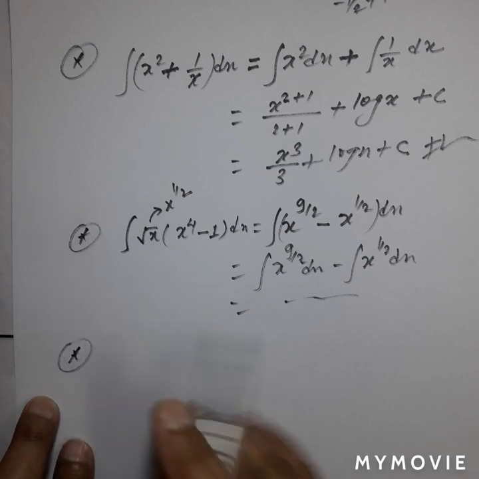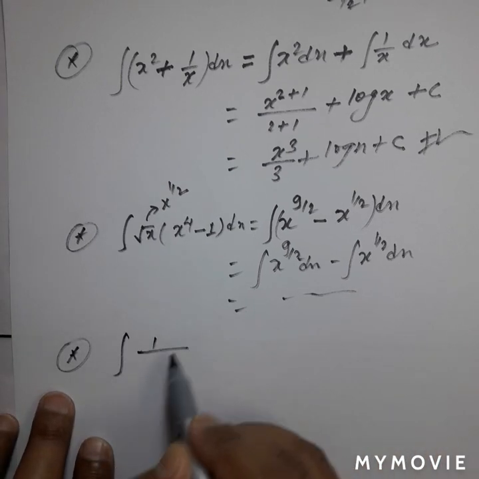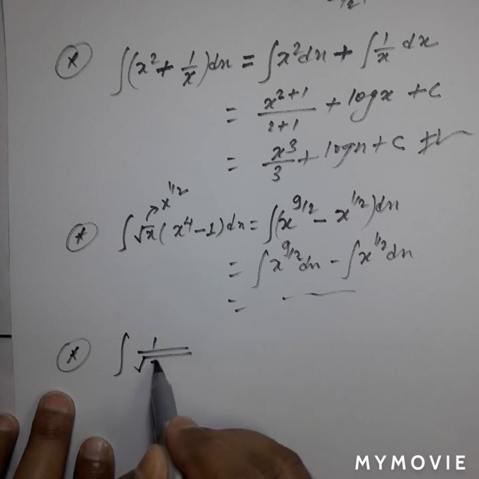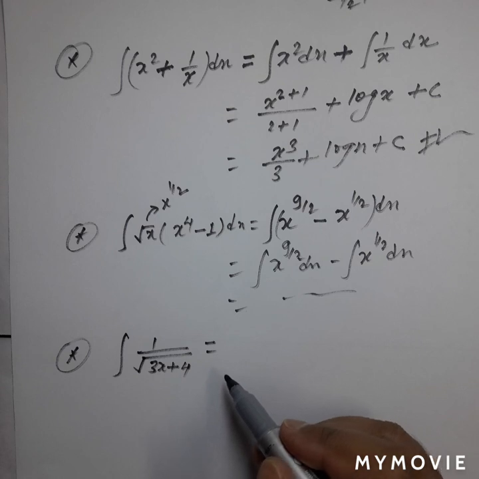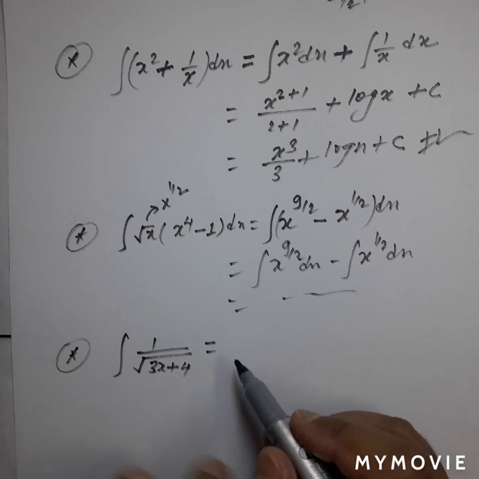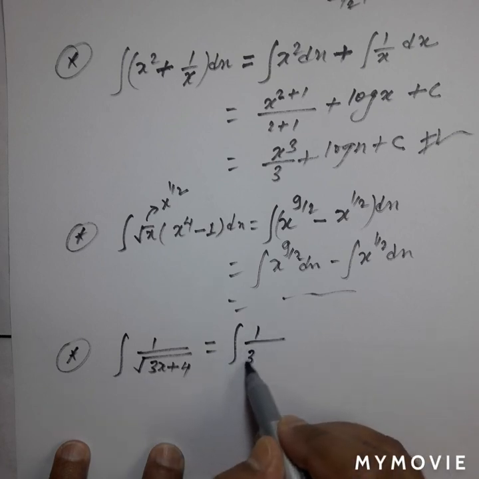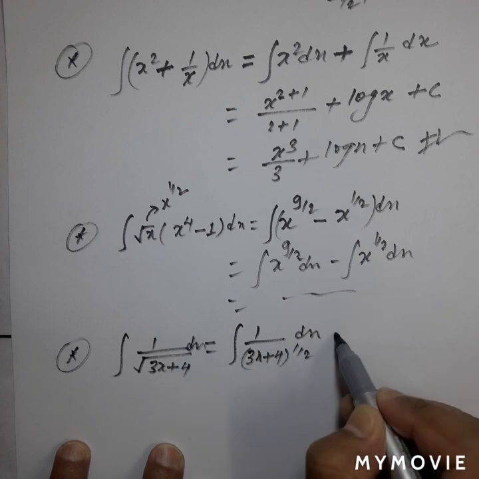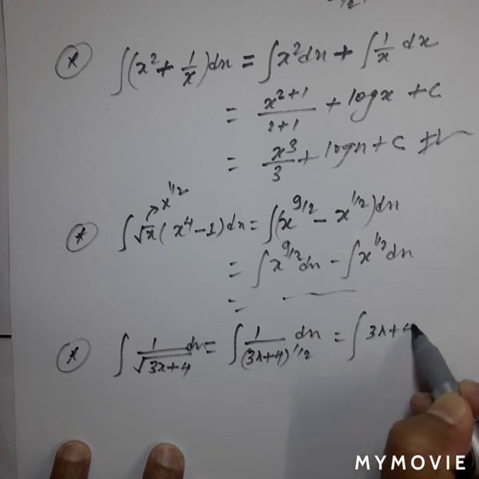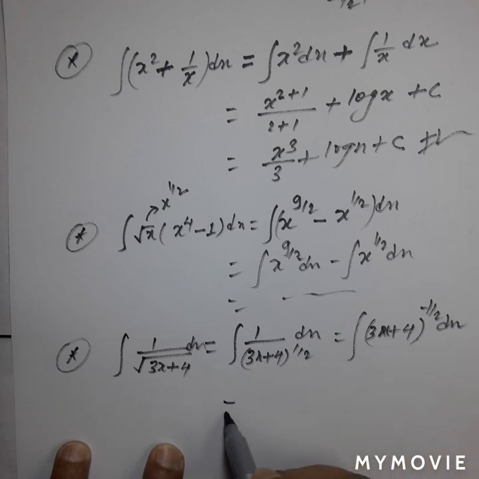Okay, similarly, let us take one more example. If you are given the integration of 1/√(3x+4), how do you do this? Here also we can convert this into power form. This is (3x+4)^(1/2) in the denominator, and this can be written as (3x+4)^(-1/2) dx. Now we use this rule here.